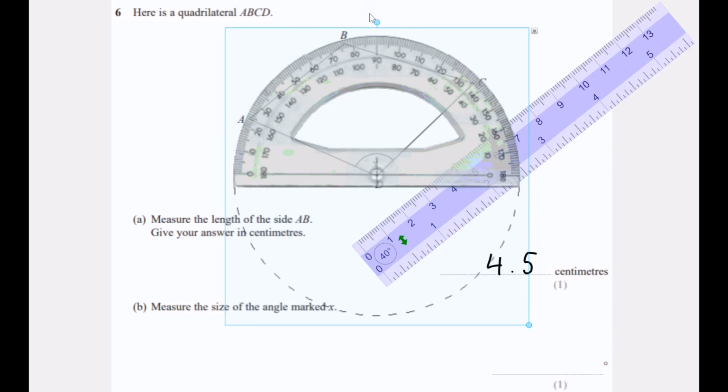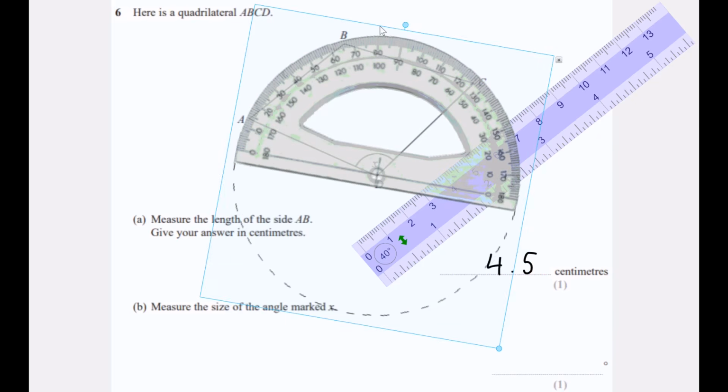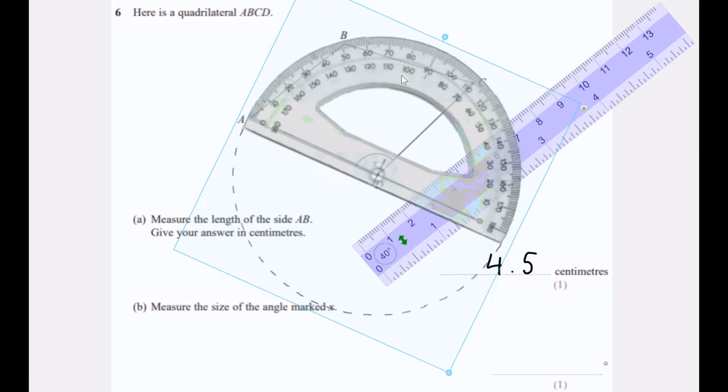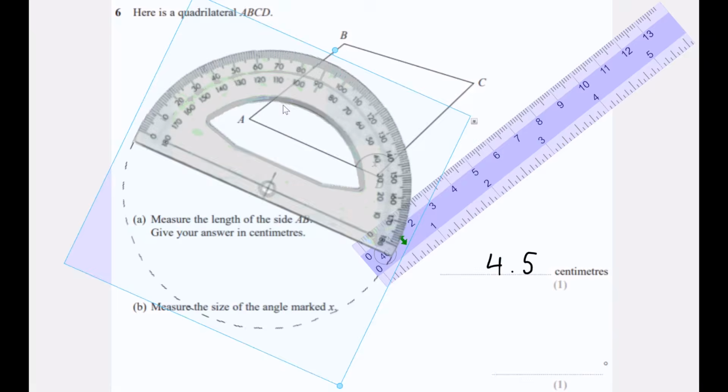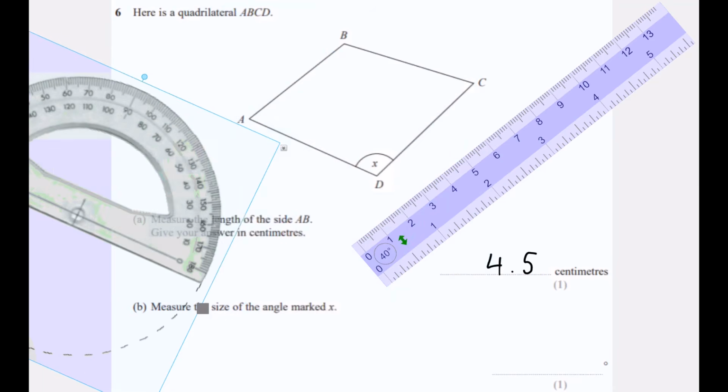So the 0 is lined up with the line to A. So something around there. So we've got 0 degrees here, and then 10, 20, 30, all the way around to 110 degrees. So this is a 110 degree angle. So let's put 110 degrees.